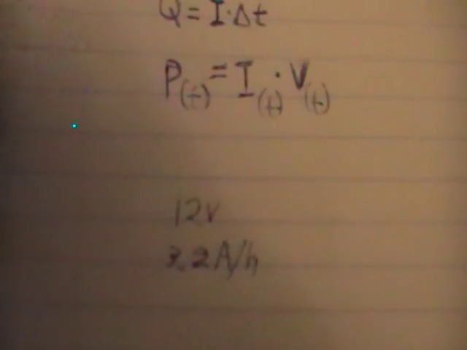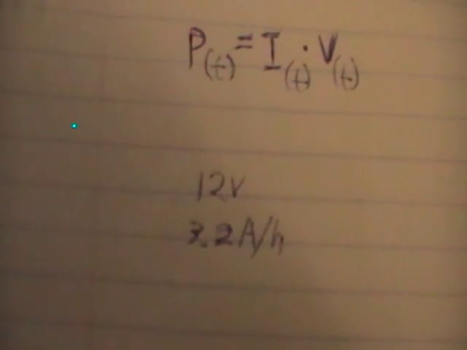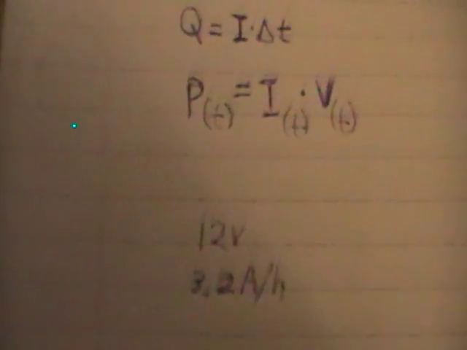So if we want to know the amount of energy we have in a certain cell, let's call it a cell, a battery or a capacitor, we just multiply the voltage in the charge.